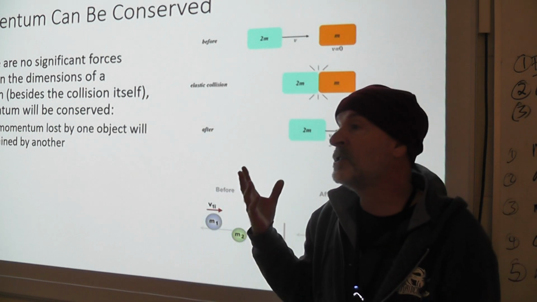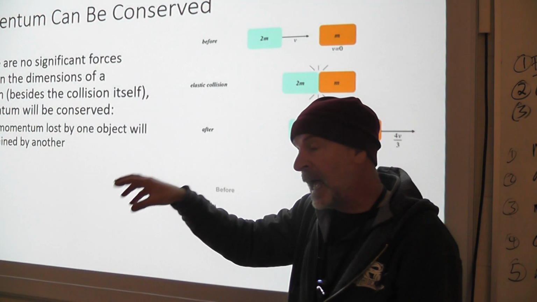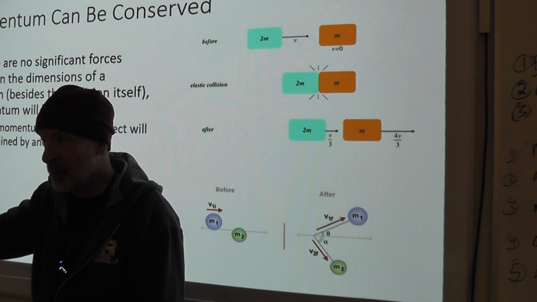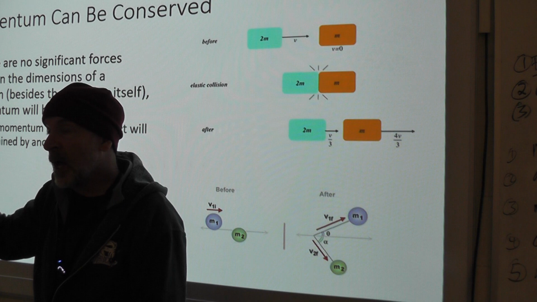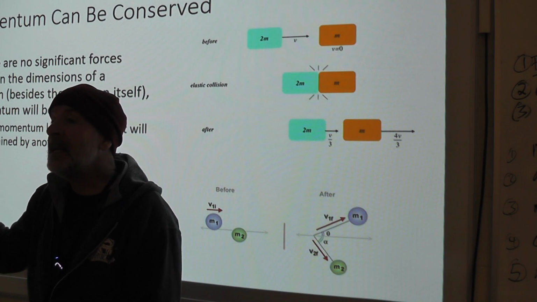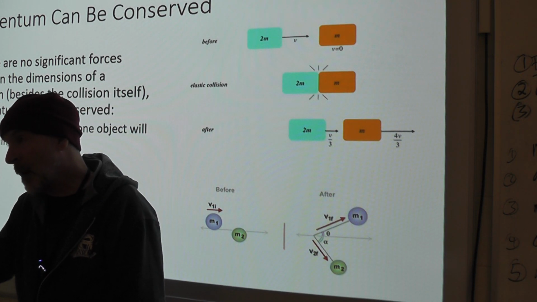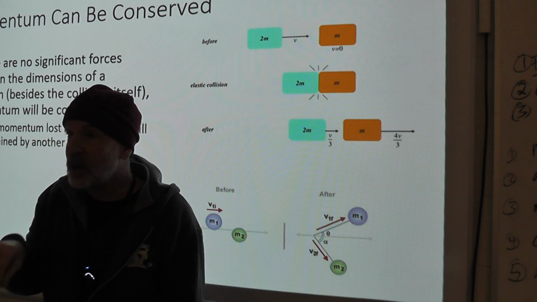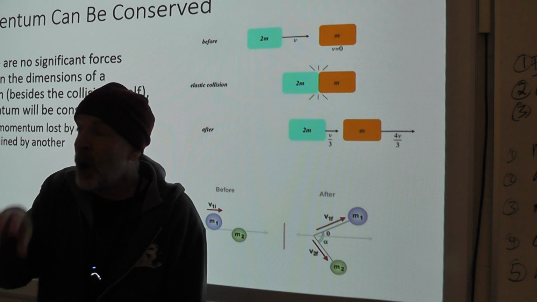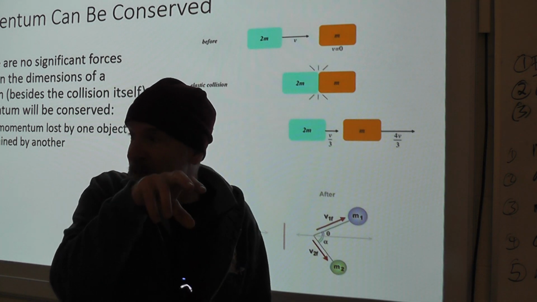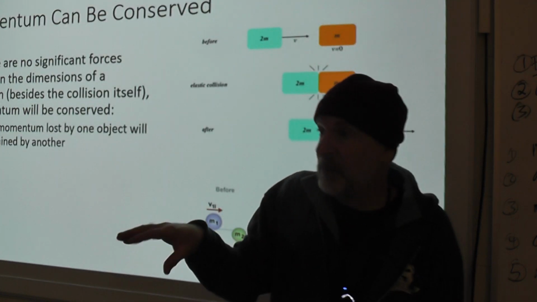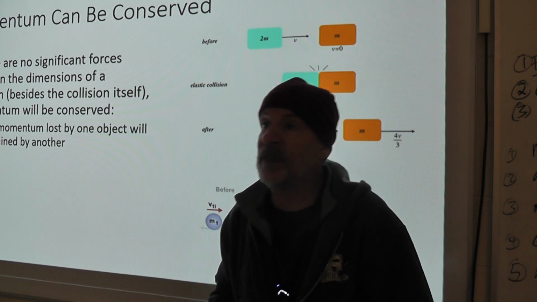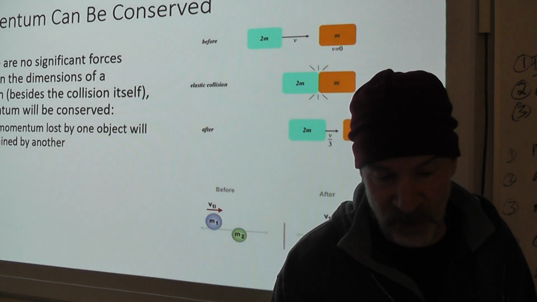When momentum is conserved, if one object has -4 kilogram meters per second of momentum at one time and later on it doesn't, that -4 kilogram meters per second of momentum went somewhere else. Something else has now 4 negative kilogram meters per second more momentum than it did before, or some combination of things has more momentum than it did before.